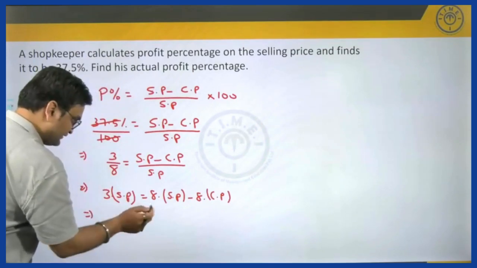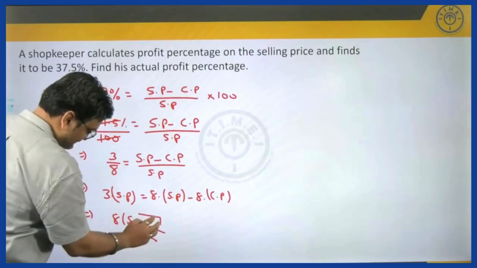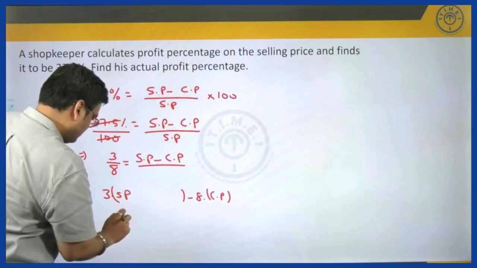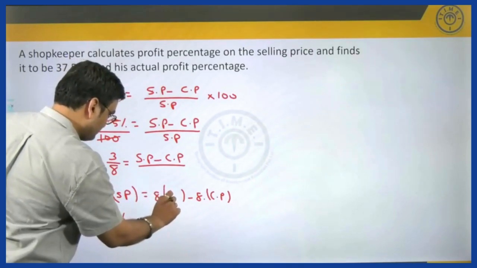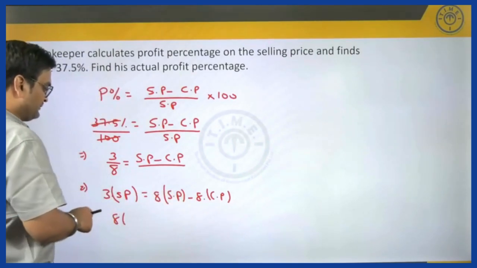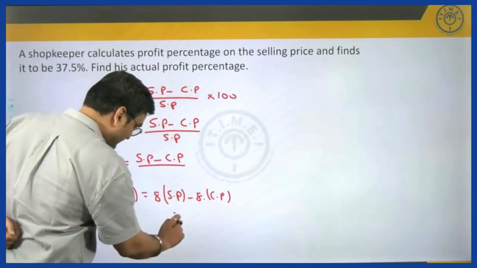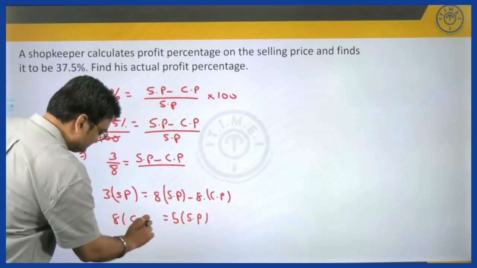So when you solve it, 8 times SP minus 3 times SP is 5 SP, and this will be equal to 8 times CP.